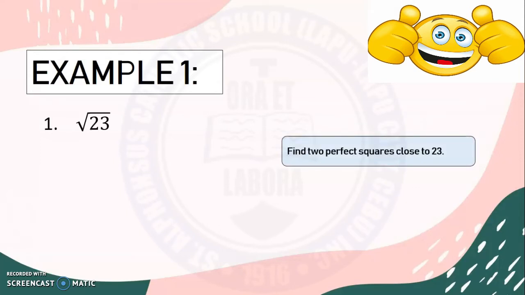We know that the perfect squares are 1, 4, 9, 16, 25, and so on. We need to find only two perfect squares close to 23. Close means the perfect squares before 23 and after 23. And these are 16 and 25.